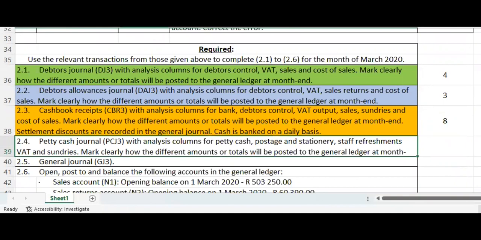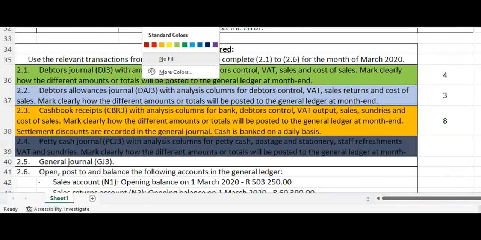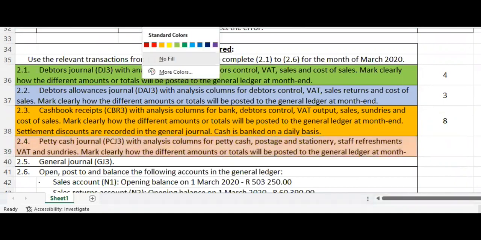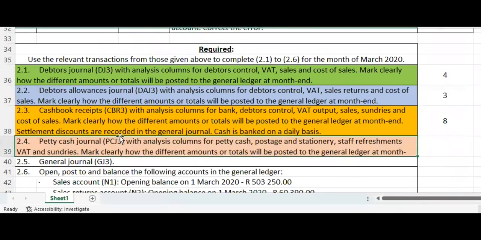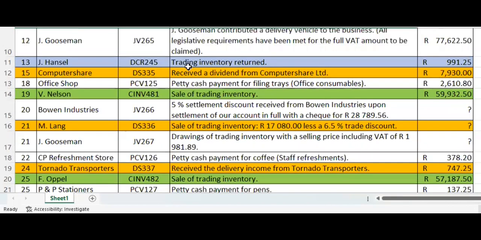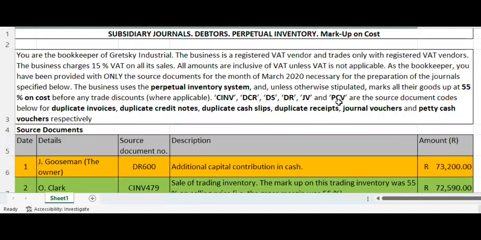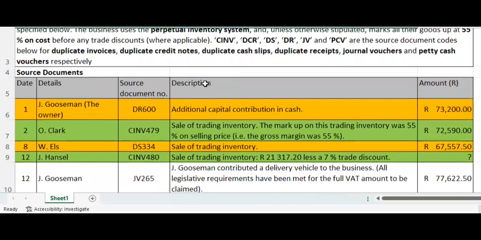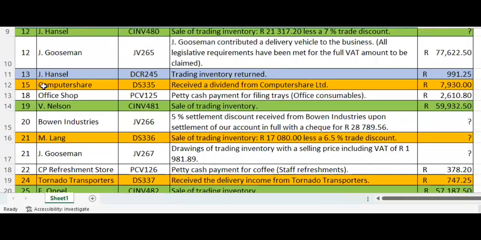We need to complete the petty cash journal, and why don't we work with a pink highlighter there? The petty cash journal are all those entries where we will expect to find a petty cash voucher that is marked or identifiable with a PCV.